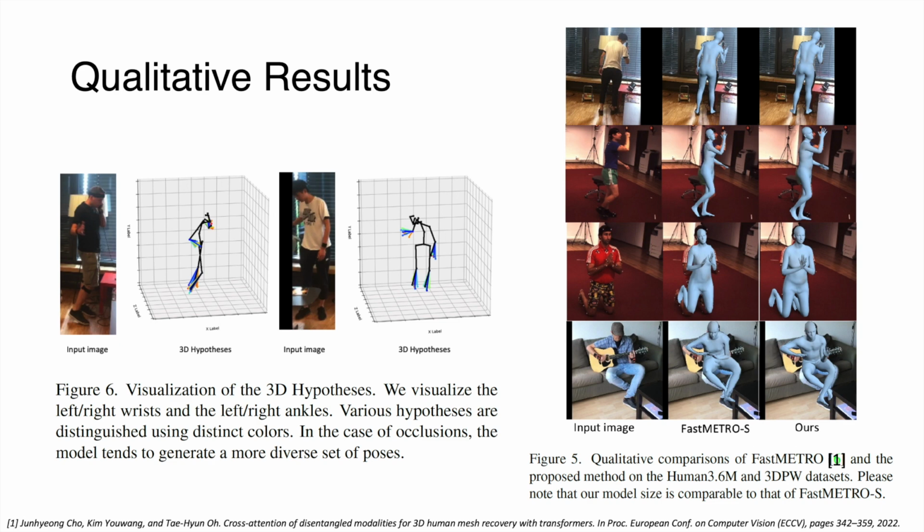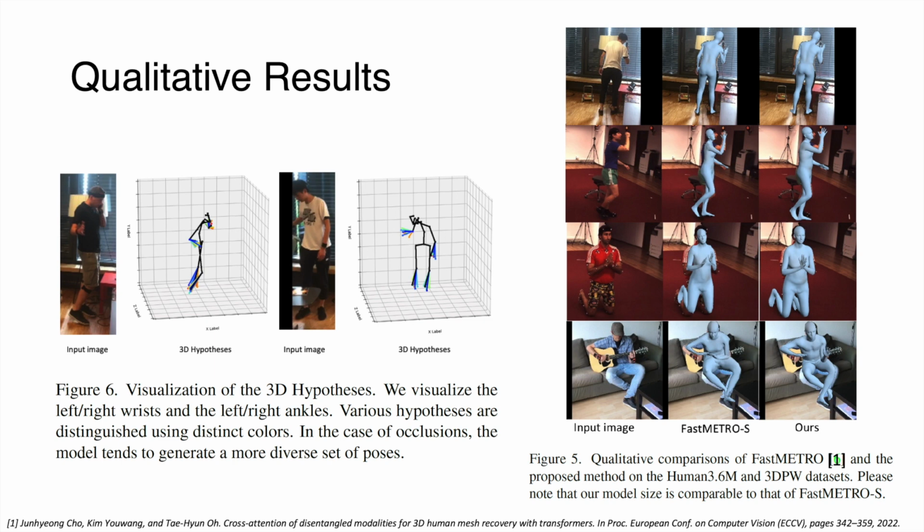Figure 5 presents the qualitative results of both FastMETRO and our method on the Human3.6M and 3DPW datasets. As is illustrated in the figure, FastMETRO generates inaccurate poses for certain human activities. In contrast, our method consistently and accurately estimates 3D poses across different scenarios.